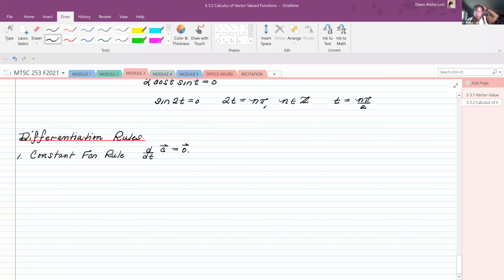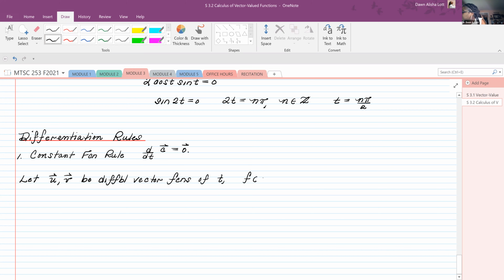Okay. So now I want to let U and V be differentiable vector functions of t, and I want to let f be a differentiable function.